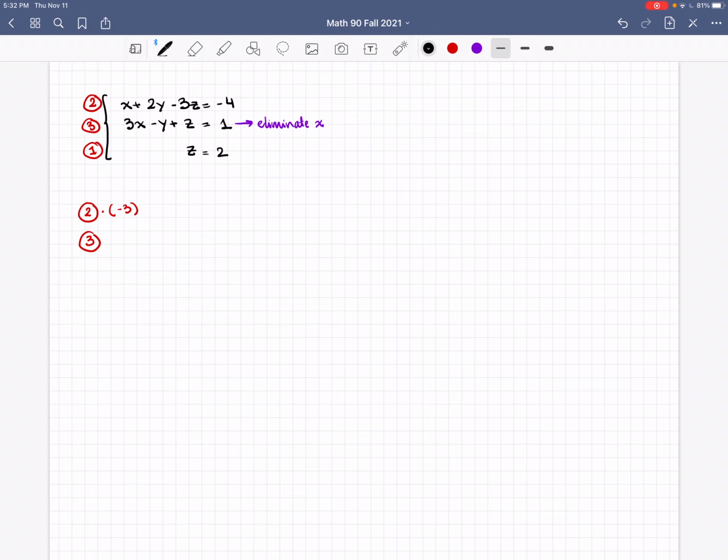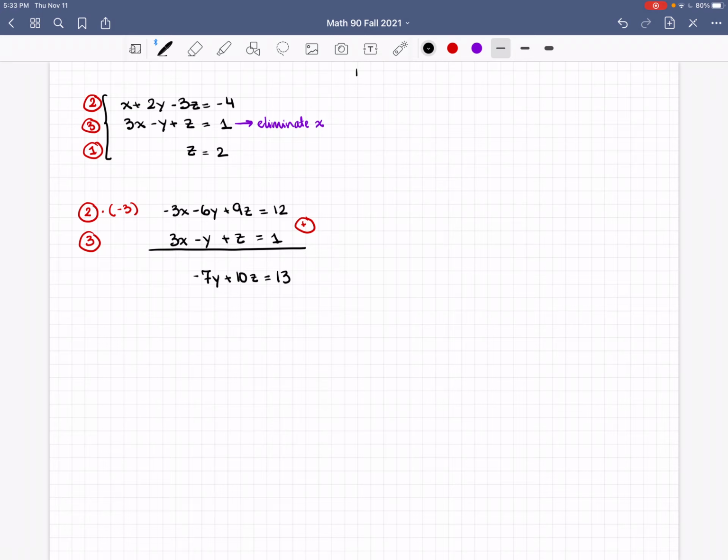So I have -3x minus 6y plus 9z is equal to 12, and 3x minus y plus z is equal to 1. Sure enough, when I add these, the x's eliminate, and I'm left with -7y plus 10z is equal to 13. I've got my triangle form now.